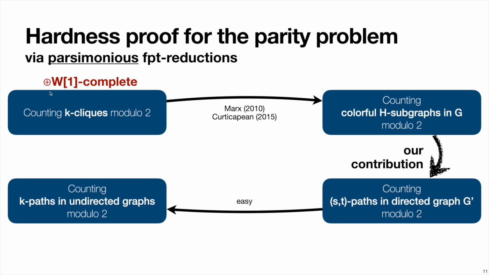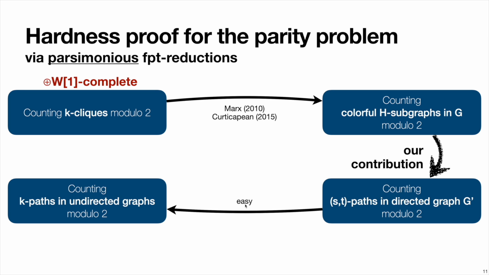From this problem, we can reduce using known reductions to counting colorful H subgraphs in graphs G modulo 2. And our contribution is a reduction from this problem to counting S-T paths in directed graphs G' modulo 2. From there, we have a simple reduction back to counting k-paths in undirected graphs modulo 2.